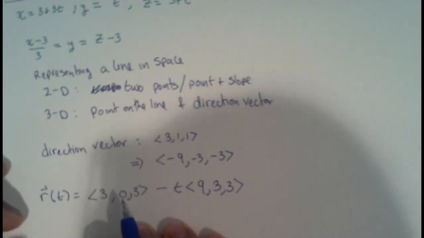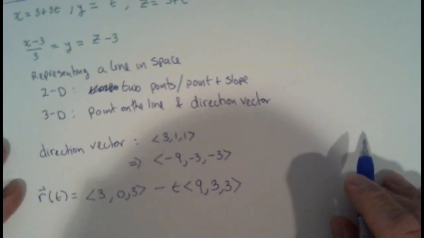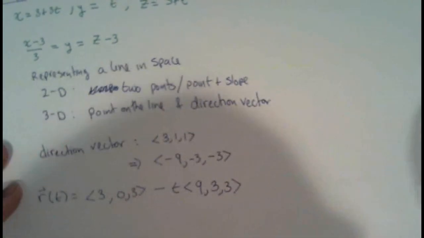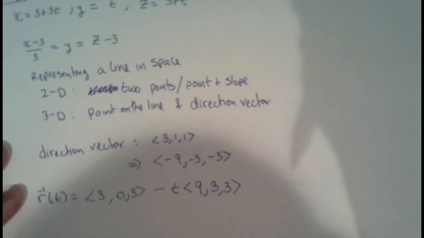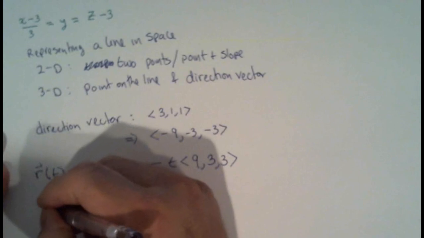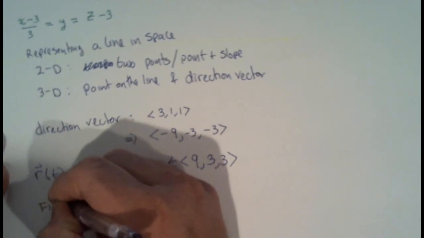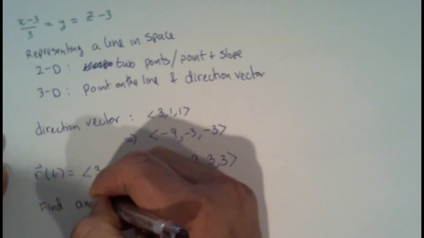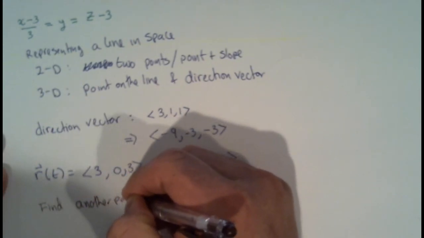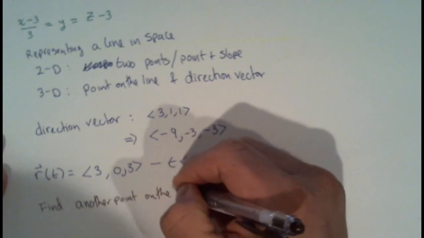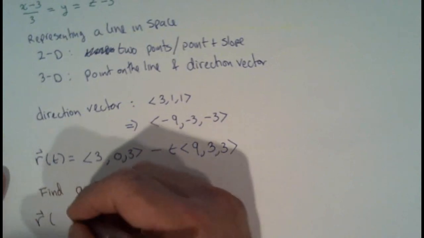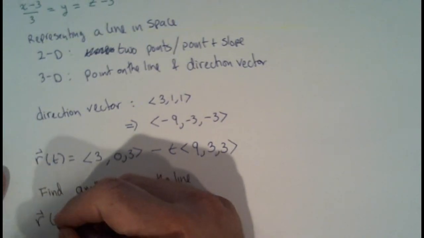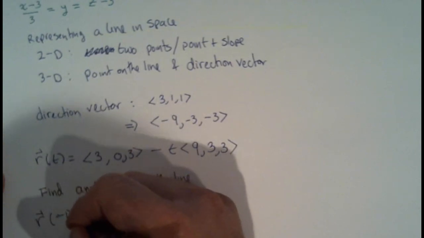Okay, so another thing I can do is, remember 3, 0, 3 also represents a point that is actually on the line. I can change that. I just need to find another point. So here, let me change the constant part. Find another point on the line. What I can do there is take our original equation and plug in, let's say, -1.